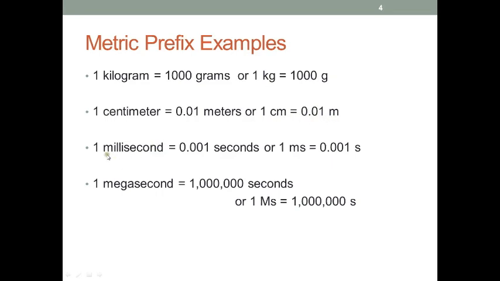Sorry. 1 millisecond is 0.001 seconds. So that's 1 little ms equals 0.001 s. And 1 megasecond is a million seconds. So 1 big Ms equals 1 million s.